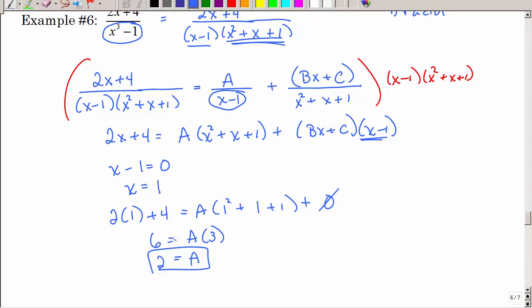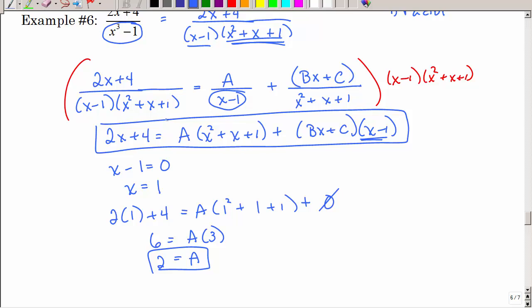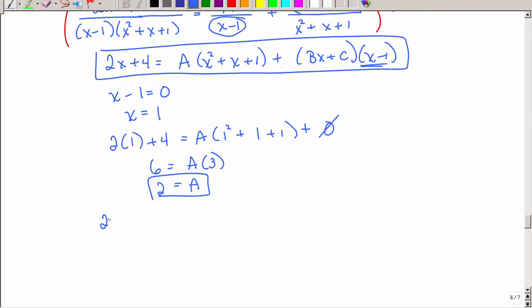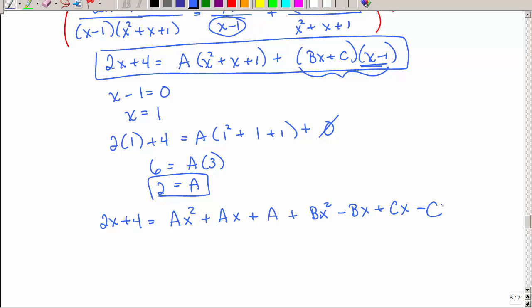I now still need b and c. So I'm going to take this equation and expand it so I can equate my coefficients. So here you just want to FOIL that out. So I have bx squared minus bx plus cx minus c.